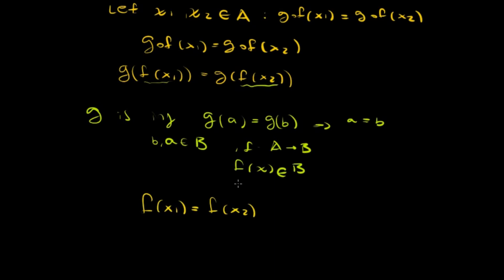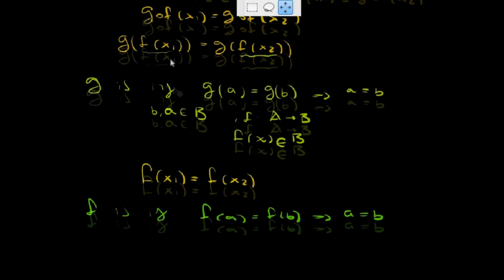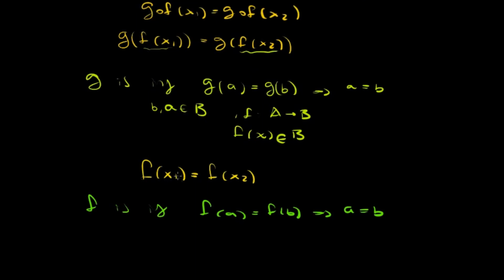But now f was also injective. So if I have f of a equals f of b, then I have a equals b. Here I have f of x1 equals f of x2, f is injective, so x1 equals x2.